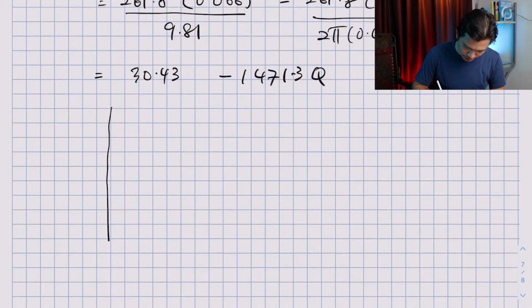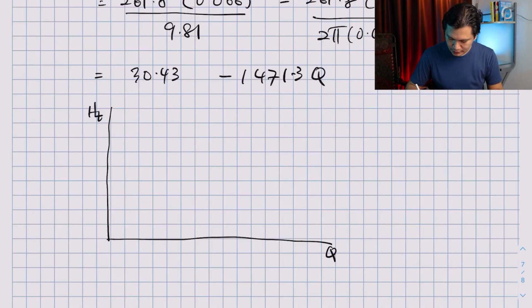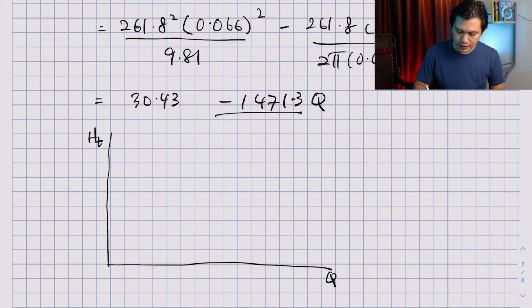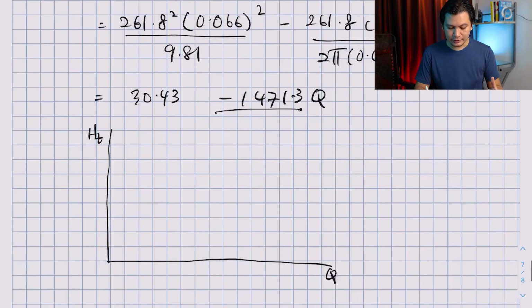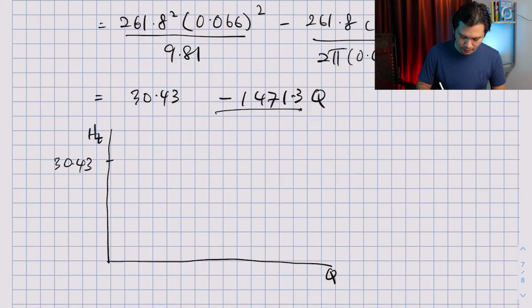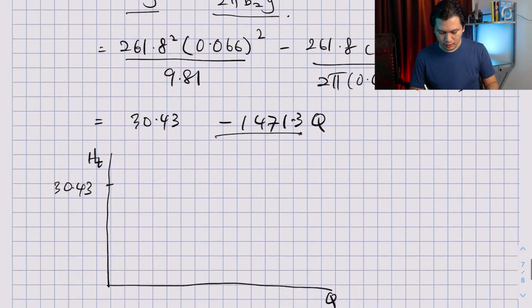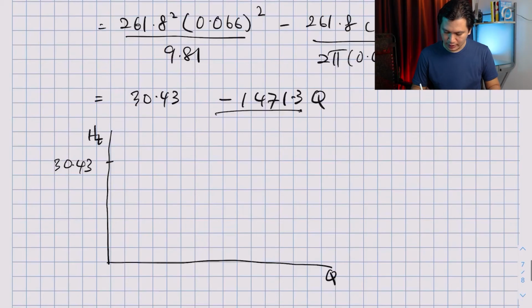Okay, so if I do this carefully, this is HT, and this is Q, we know that the graph is linear with a negative slope, and it's going to intersect the y-axis at 30.43, and let's find out where it's going to intersect the x-axis.